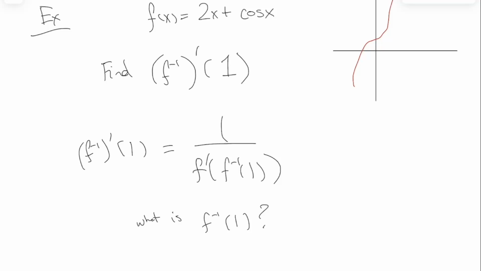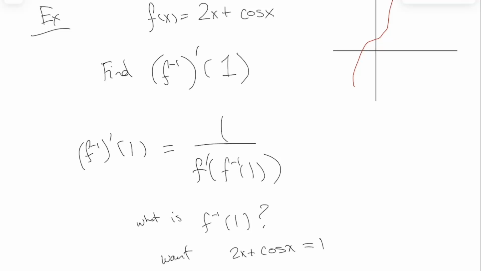What that means is I want to find some x value where this function equals 1 as the answer, right? So we want 2x plus cosine of x equals 1, right? This is a hard thing to solve.